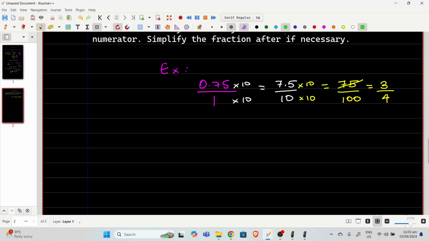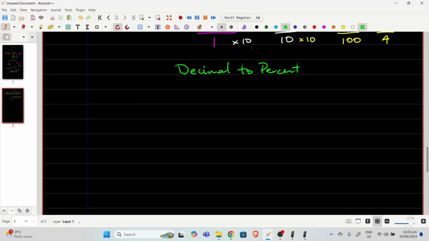So let's see, decimal to percent. All right, so let's go from a decimal to percent. Let's say for example, 0.62.